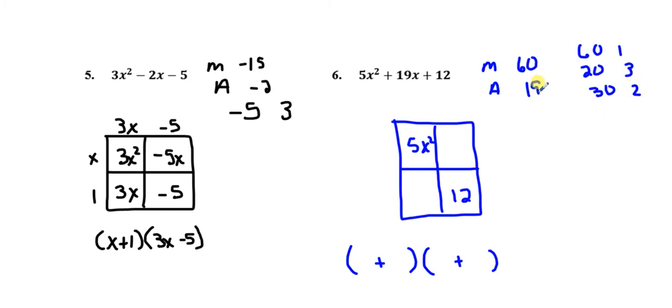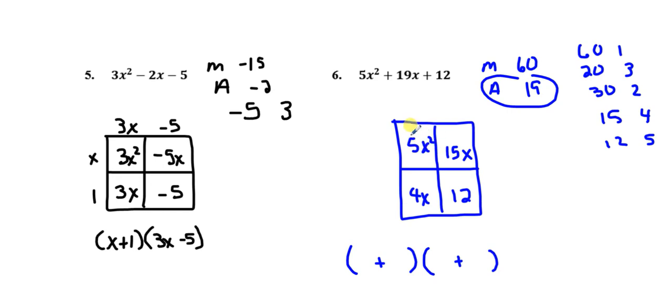And we want numbers that are going to add up to 19. 15 and 4. And there we go, there's 19. And we could keep going, 12 and 5. But they're positive and positive, so we got 15 and positive 4. And we're rewriting that 19x with 15x and 4x.